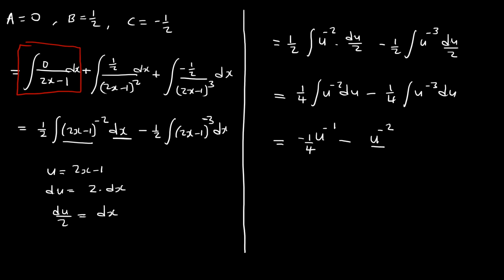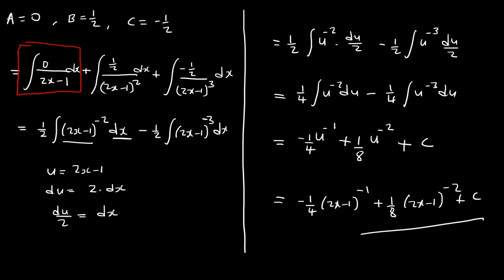That minus 2 will make this negative 1 over 4 positive 1 over 8 plus c. You see, we are done. Now you can just substitute your answer. Minus 1 over 4, 2x minus 1 plus 1 over 8, 2x minus 1 plus c. That's your answer there.